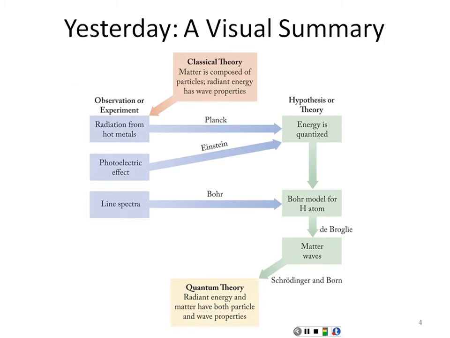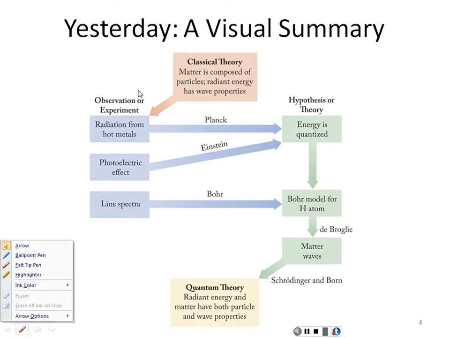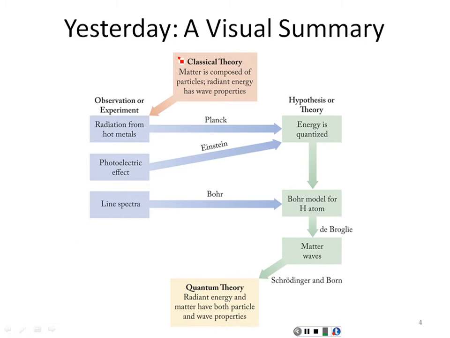I showed this last time in the last lecture, but I thought I'd do it again. I think this is a very good summary of Chapter 7, where we start off with classical theory. Classical theory sort of stated that matter is composed of particles.